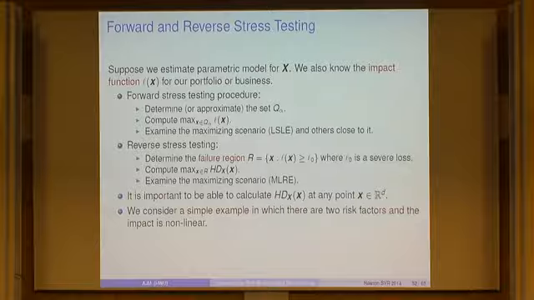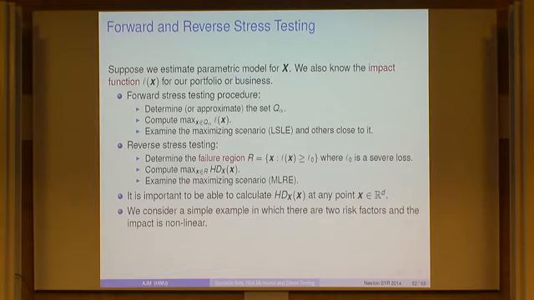And then again, you can examine the maximizing scenario. But for all of these tasks, the essential thing that you always need to be able to calculate is half-space depth at a point X with respect to your model. All of these things rely on being able to calculate depth.